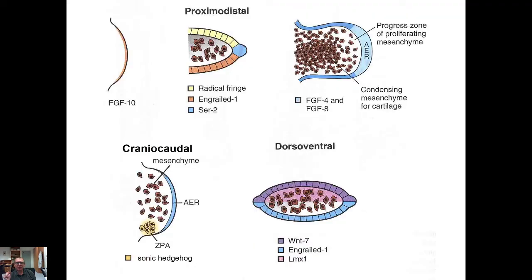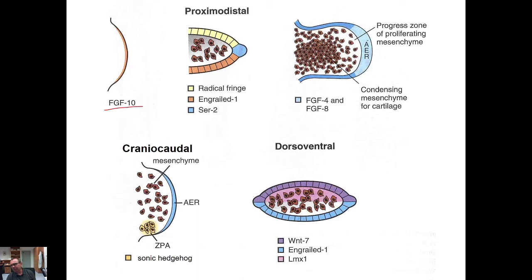The molecular regulation of limb development is quite well described. So we know that the first factor at the beginning of limb formation is FGF10.